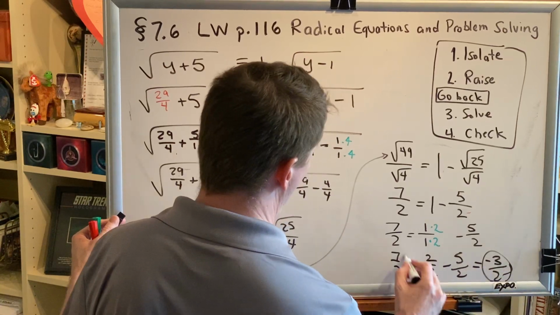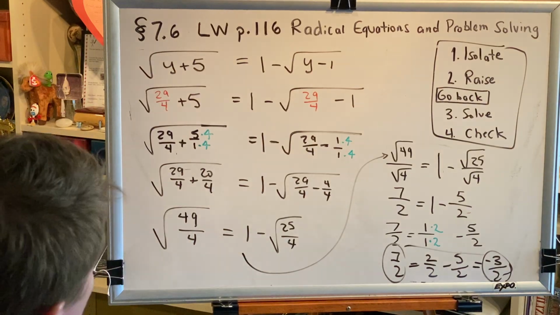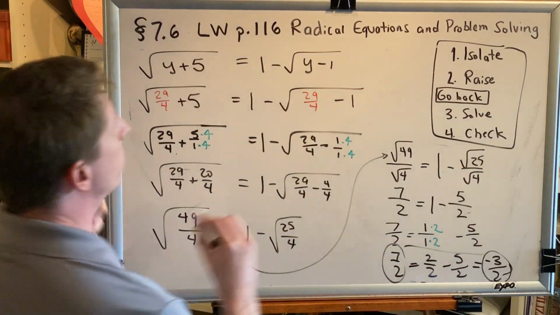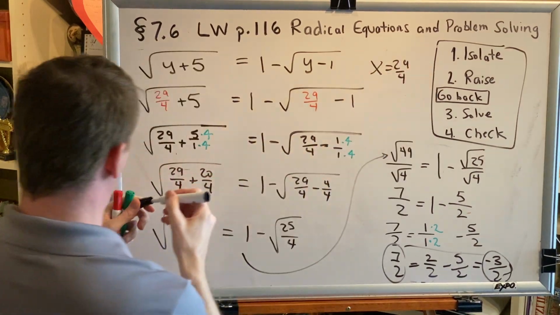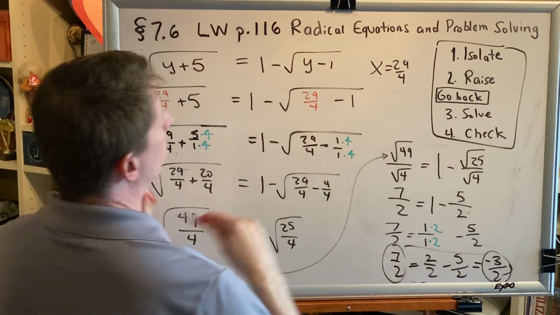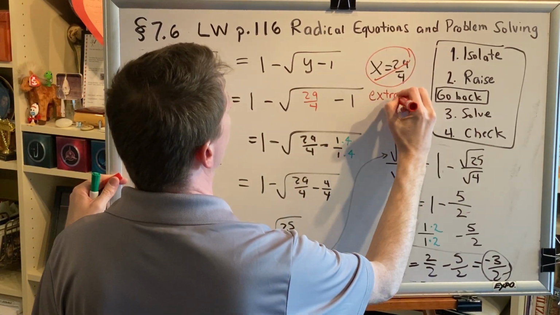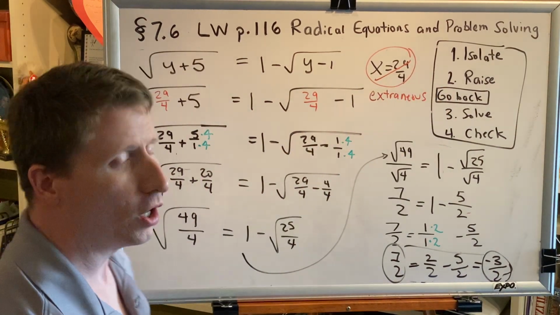And that doesn't match. Which means my solution, 29 fourths, is extraneous. And since it was my only possible solution, we conclude that the answer to this question is there is no solution.